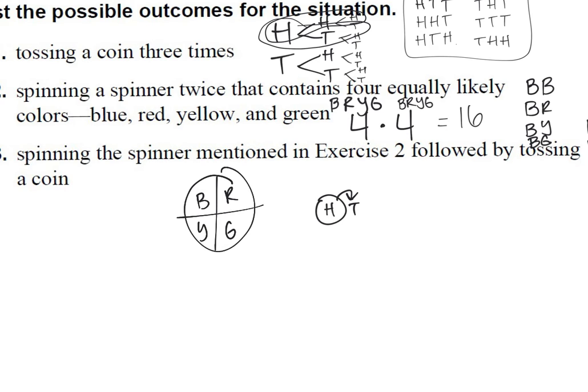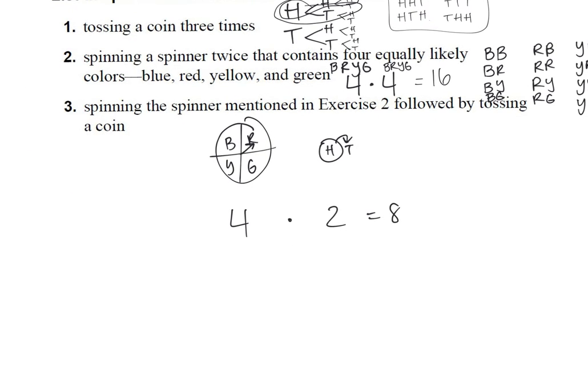Tails, okay, on the other side. How many colors are there for the first spinner? There's 4, right? What are the possible outcomes with flipping a coin? 2. How many total outcomes are there? 8, okay?